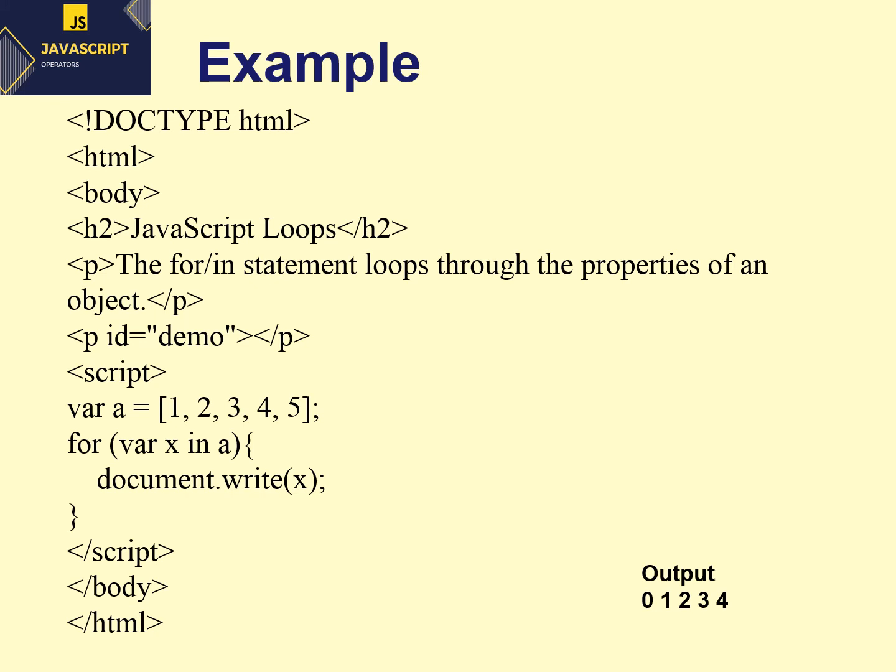So if we do this with a normal numeric array with the for-in loop, the array indices will be printed. Now we have a question: how can we produce the corresponding values using this for-in loop?